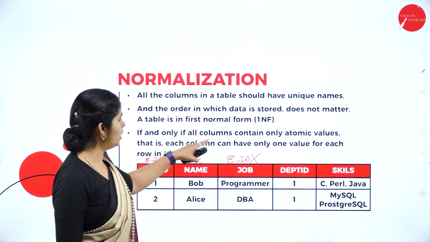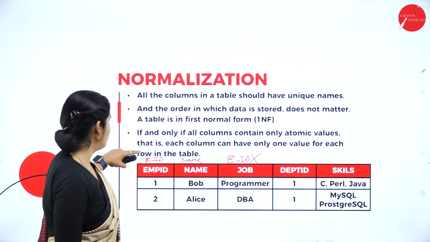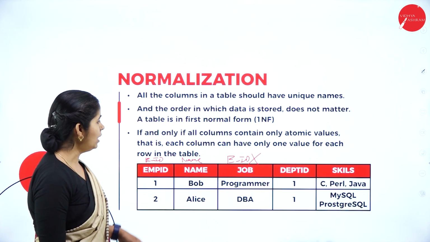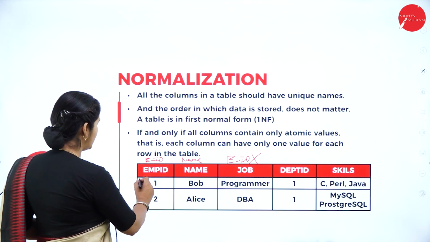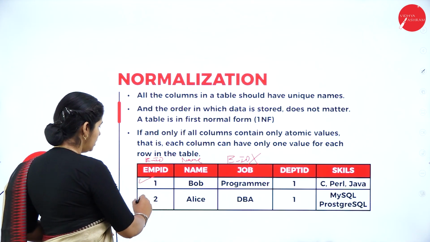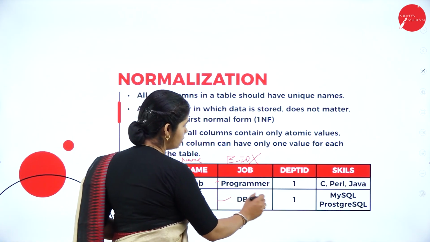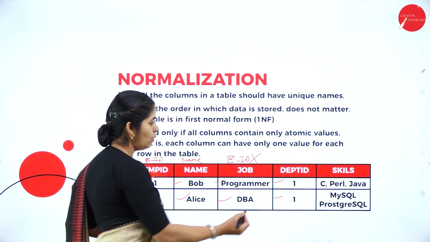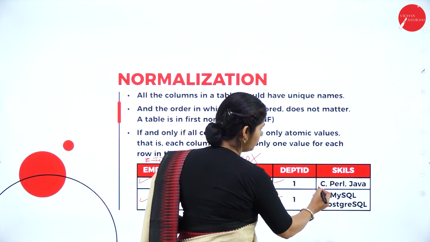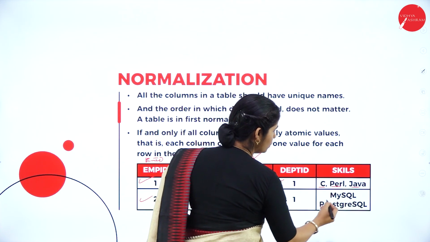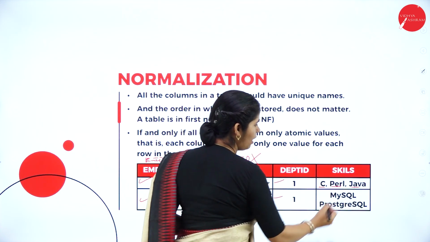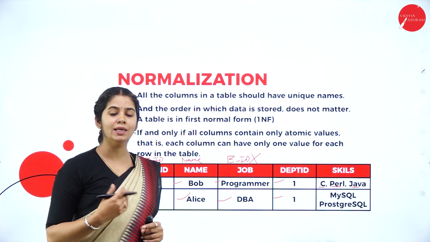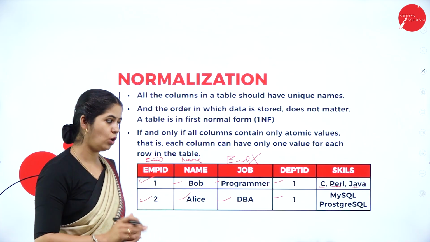If and only if all the columns contain only atomic values, that is each column can have only one value for each row in the table, here we are satisfying the first normal form constraint. Here also, and here also, we are satisfying it. But here, in the skills we have more than one value, that is C, Perl and Java. It is holding more than one value. So how do we make this type of table first normal form?